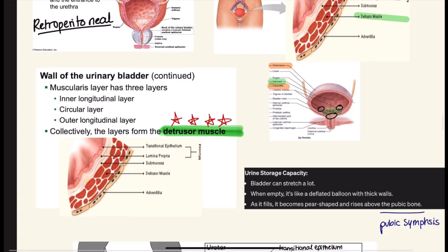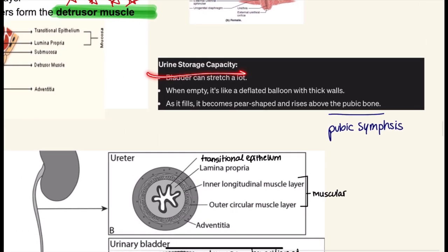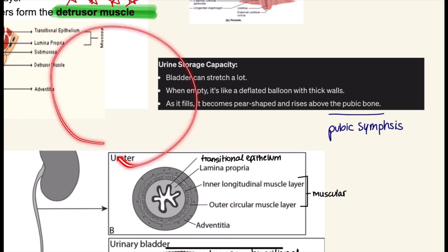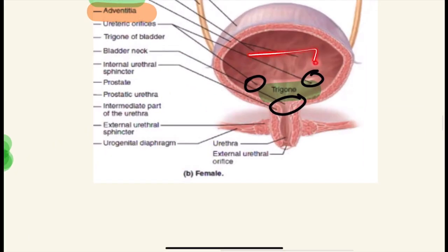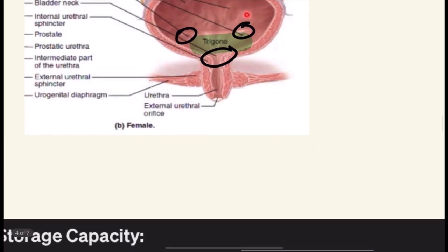Okay. Now, let's look at the urine storage capacity of this. Like I said, it's like a balloon. So it's going to be very distensible, or very stretchy, right? Now, when it's empty, it's going to have its basic pyramidal shape, and it's going to have certain folds.